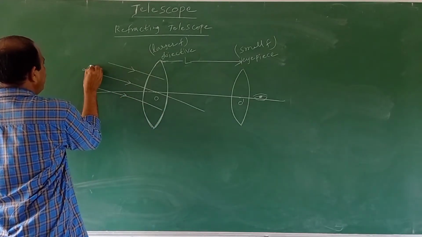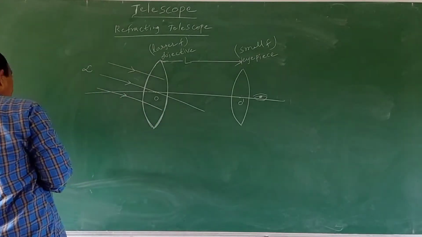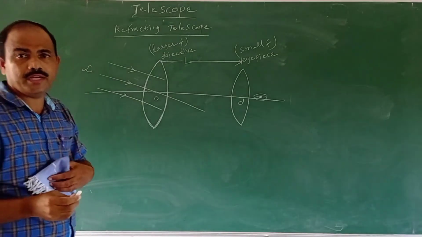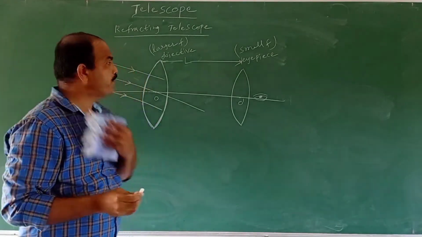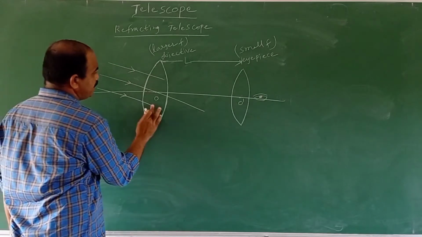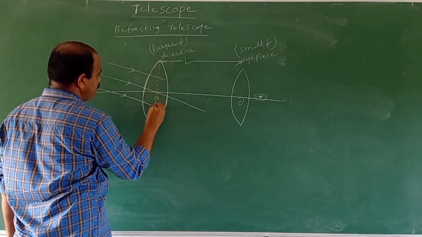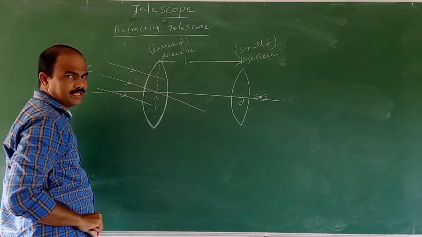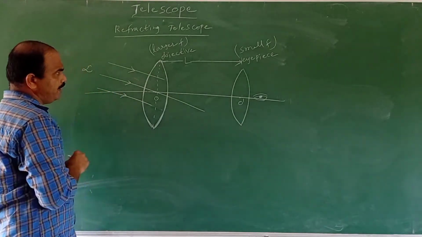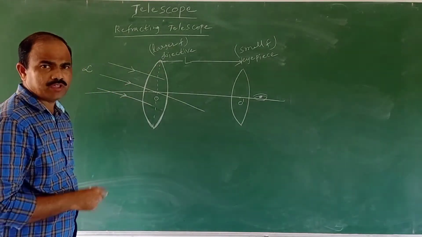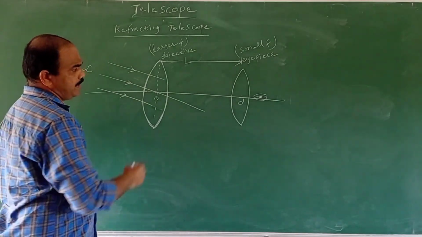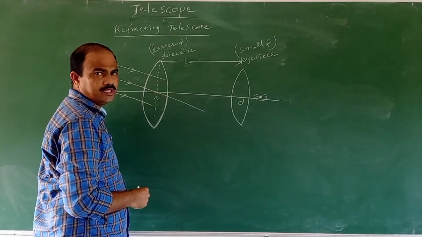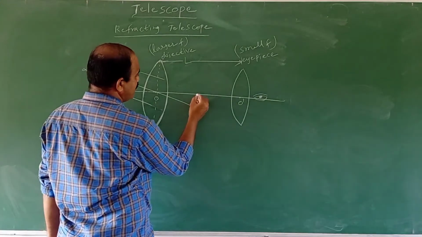So now where is the object? The object is at infinity. So when the object is at infinity, the rays are parallel to each other. Due to that, where is the image formed? The image is formed in the focal plane of the objective.